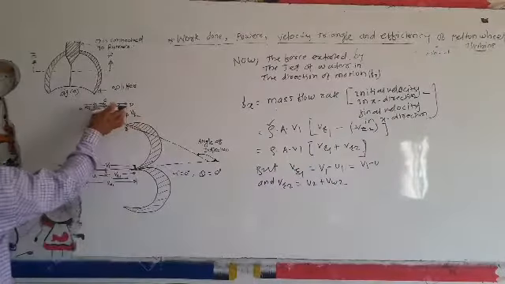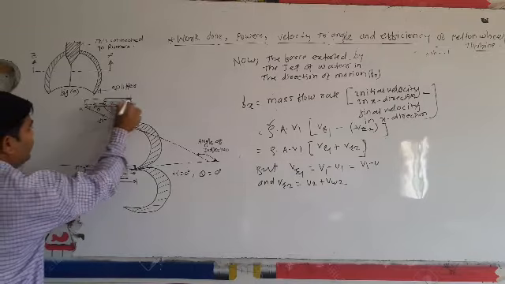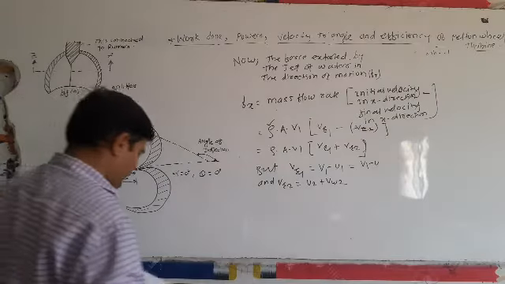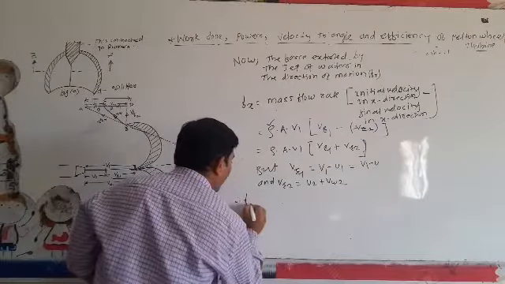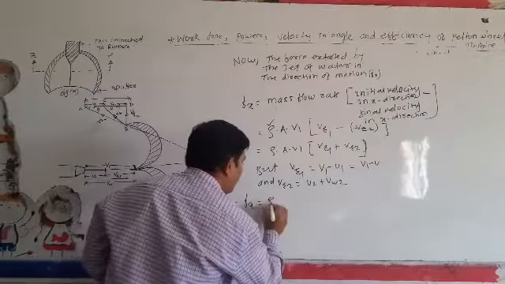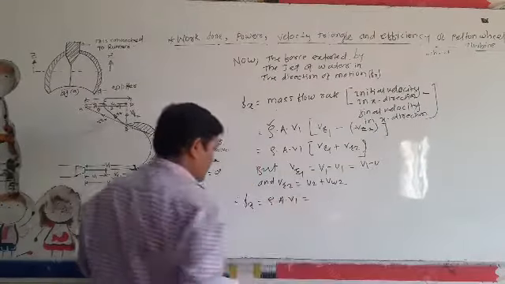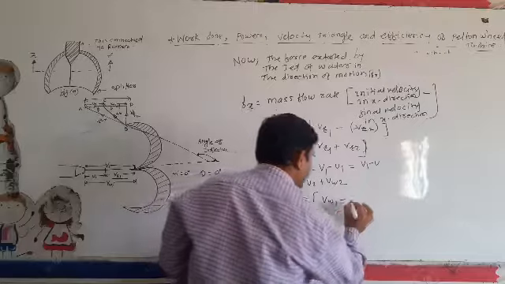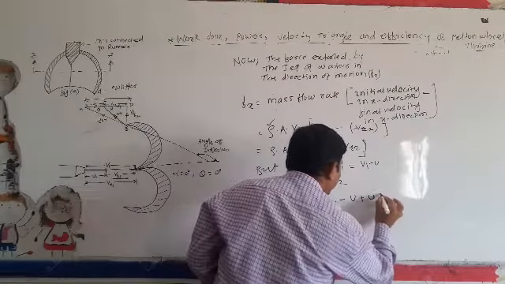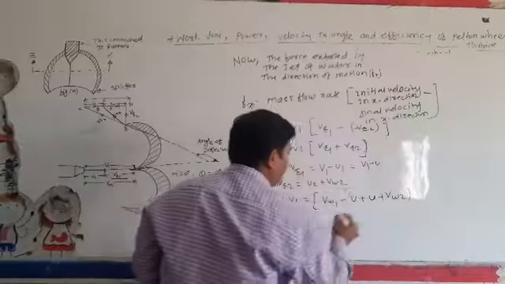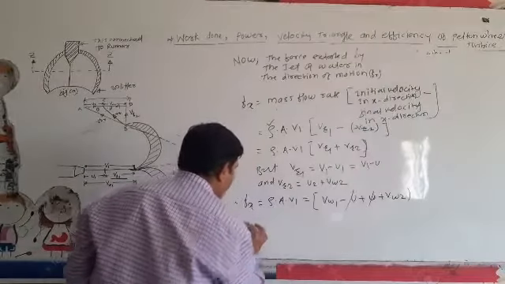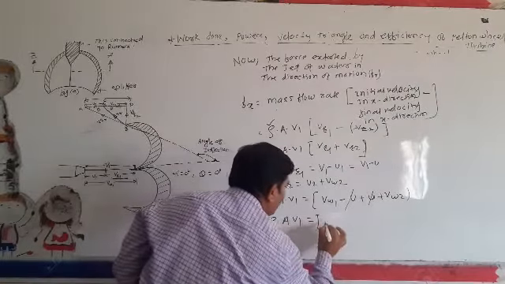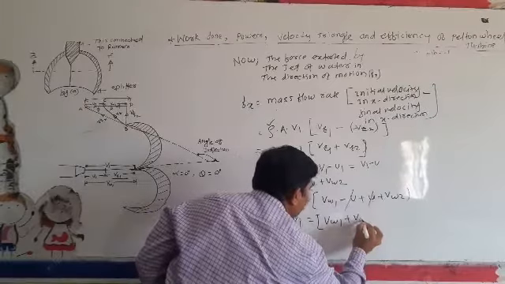From this outlet velocity triangle, this velocity is equal to U2 plus VW2. Therefore Fx is equal to rho a V1 into VW1 minus U plus VW2. Here minus U plus U get cancelled. Then we have to write down the remaining part. Rho a V1 into VW1 plus VW2.